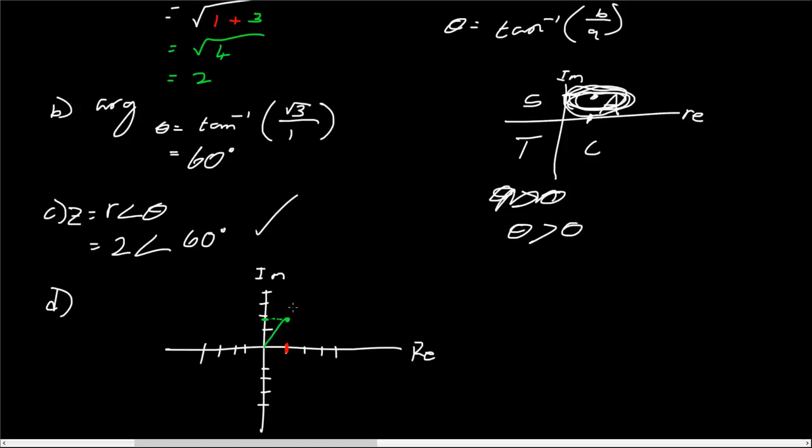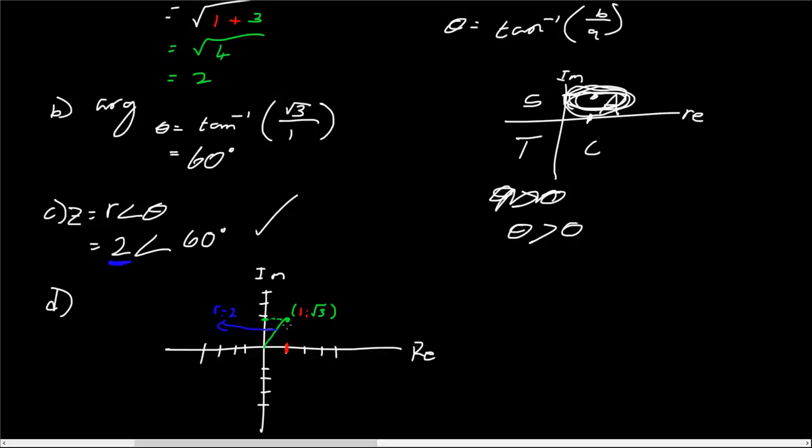Then we're going to label our point, which is 1 and root 3. Then let's also label the length of the line, or the modulus, i.e. the r value. Our r value is 2. I've drawn this too small. You should draw this on the line. Just say r equals 2.